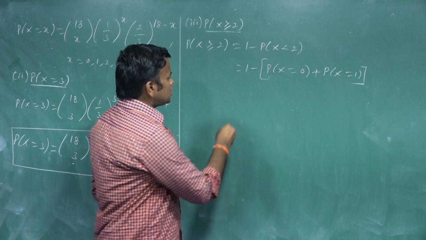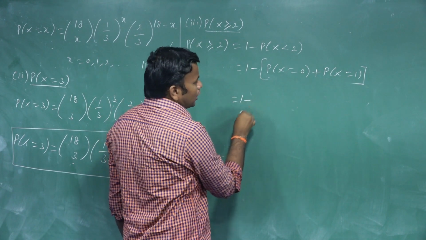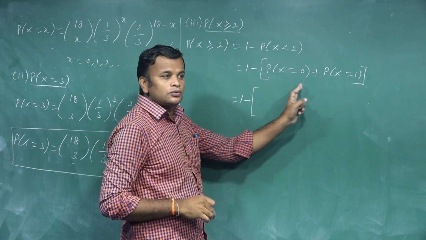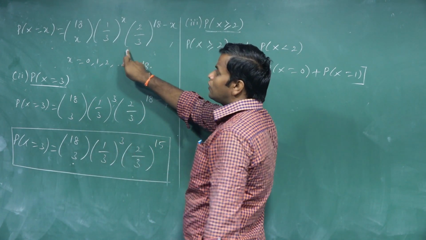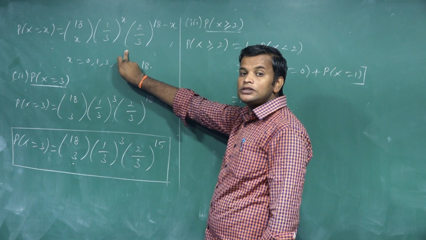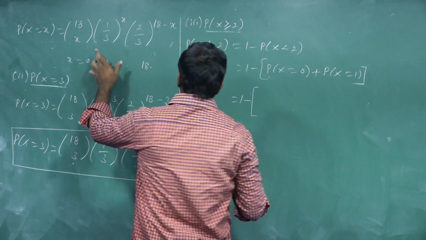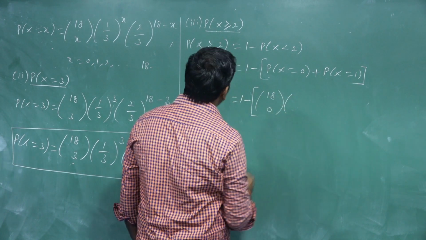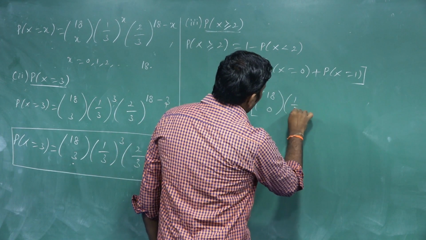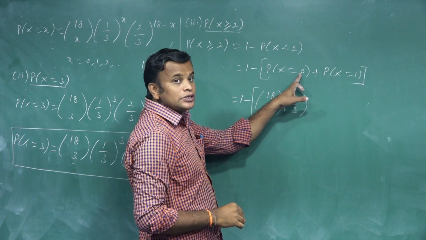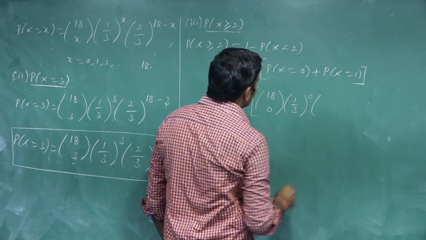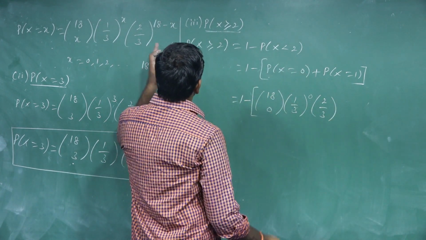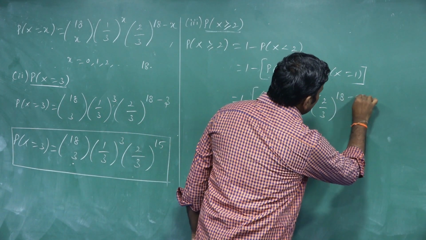Now using the concept, 1 minus, x is equal to 0. In the formula, exactly the value of x used here is 0. So 18C0, p power x, 1 by 3 whole power, the x value is exactly 0, q is 2 by 3 power 18 minus x, 18 minus 0.